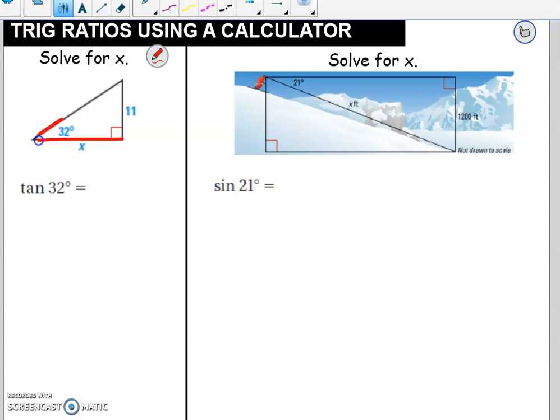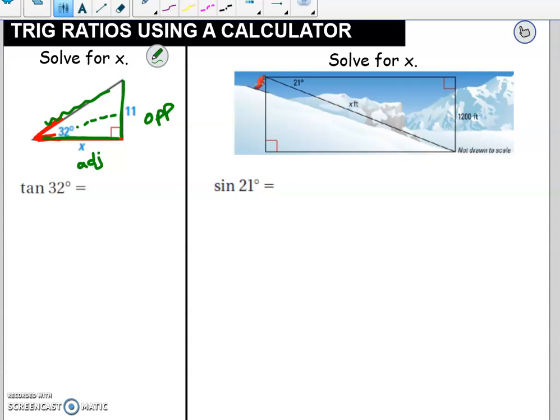Well, here's my angle of 32 degrees, and I have really two lines within that triangle that I know of. This one would be considered the opposite because it's across from that angle, and this one would be the adjacent. I can mark those. I think that helps. Opposite, adjacent here. What I'm really not using is the hypotenuse.